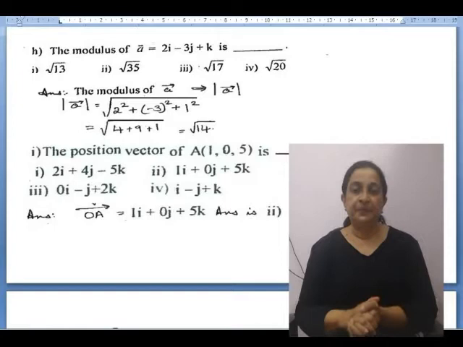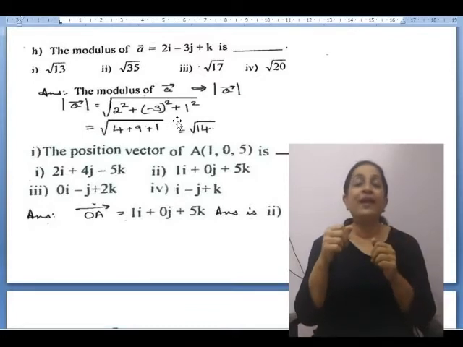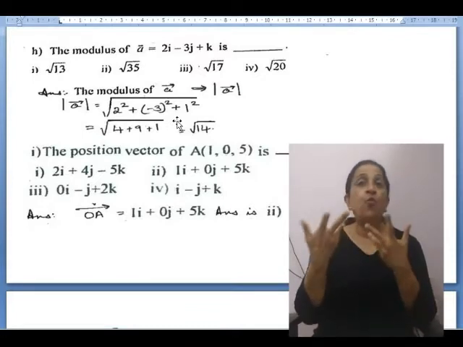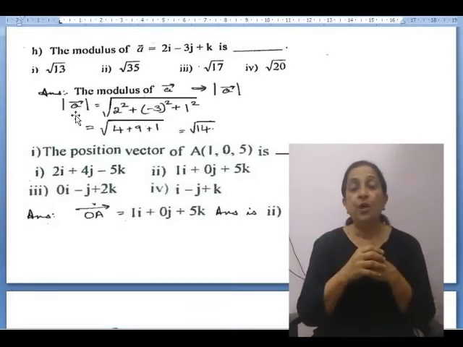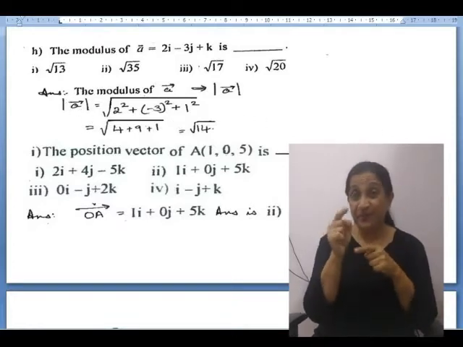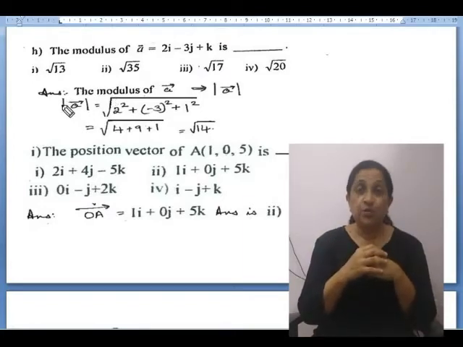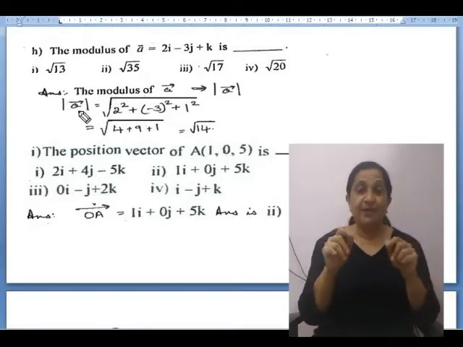Let us look at H. What is the modulus of a vector A? Always, modulus of a vector is represented with two lines like this.